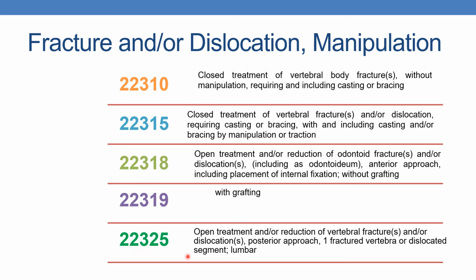Next is 22325. Open treatment and or reduction of vertebral fracture and or dislocation, posterior approach, one fractured vertebrae or dislocated segment, lumbar. For lumbar, open treatment and reduction of vertebral fracture or dislocation of lumbar region, you need to report 22325.